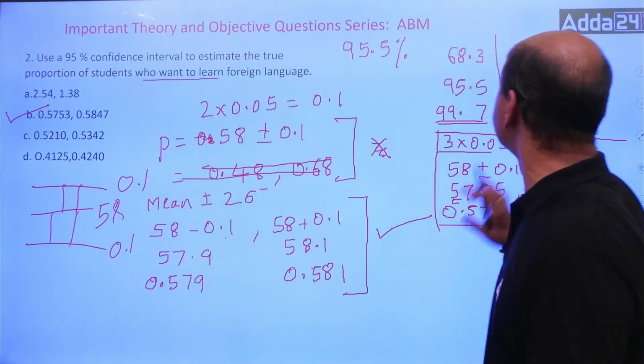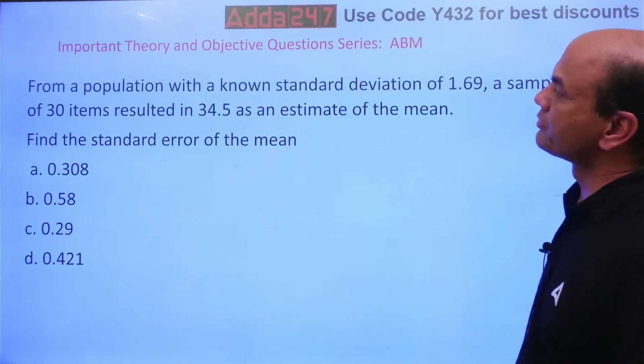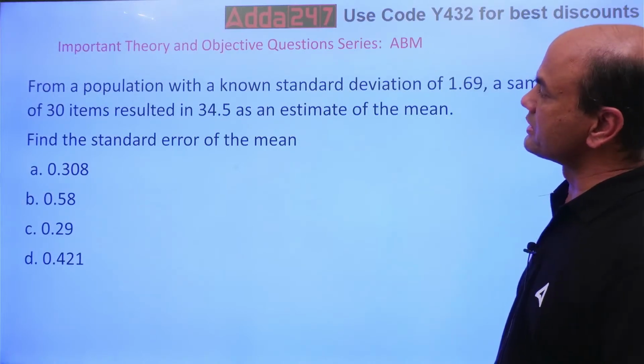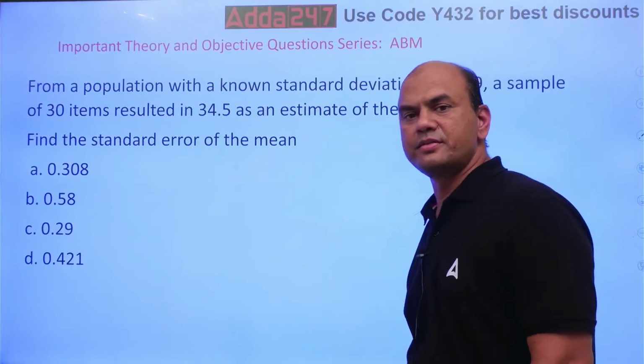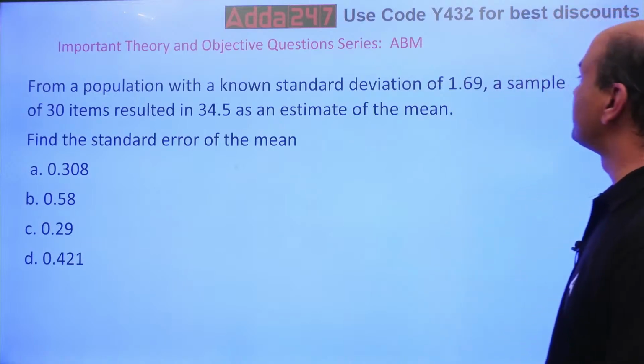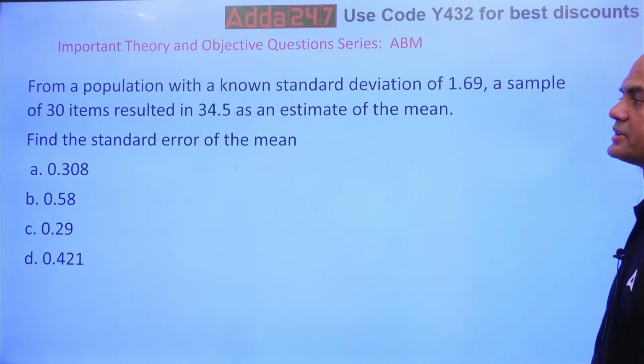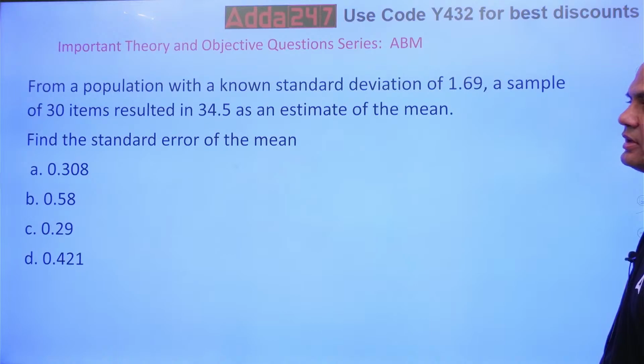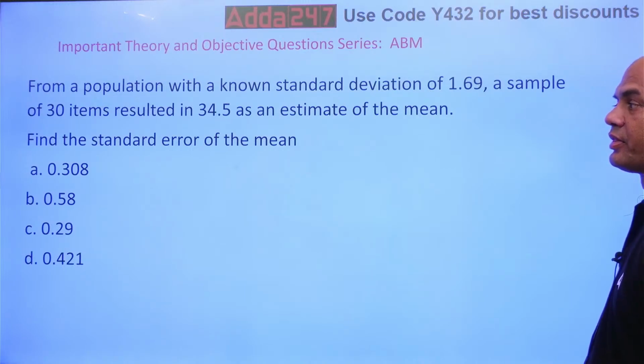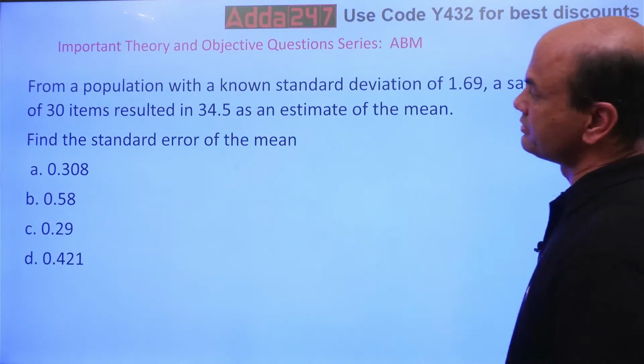Another one. From a population with a known standard deviation of 1.69, a sample of 30 items resulted in 34.5 as an estimate of the mean. Find the standard error of the mean.